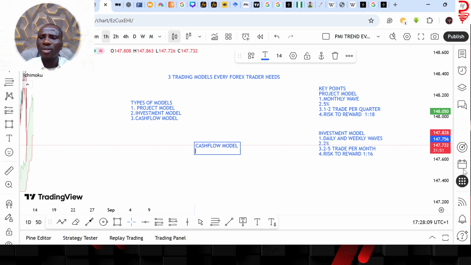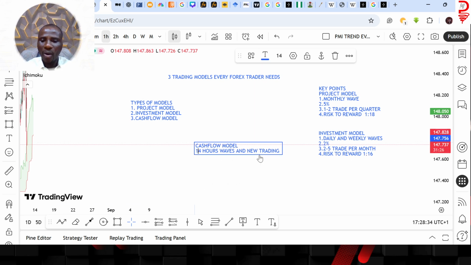So for this particular model, what we do is we ensure that we trade the 4 hours wave as well as news trading. This is very important. This is the designation of this particular account.